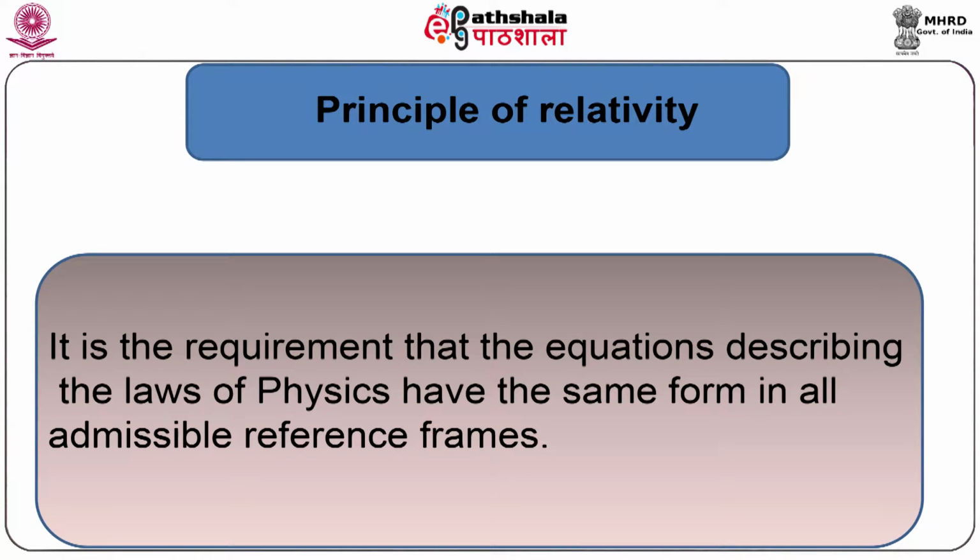Now, let us discuss the principle of relativity. In physics, the principle of relativity is the requirement that the equations describing the laws of physics have the same form in all admissible reference frames.